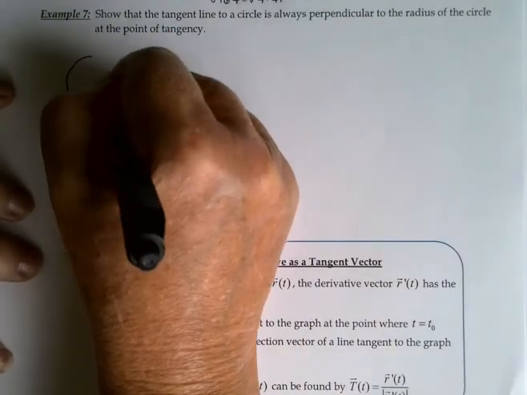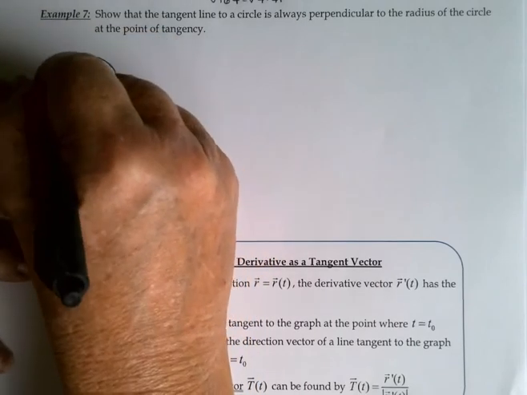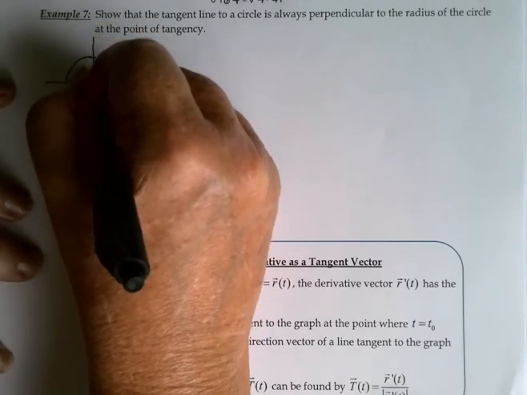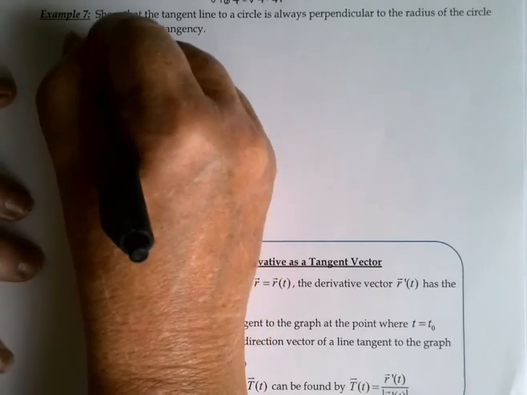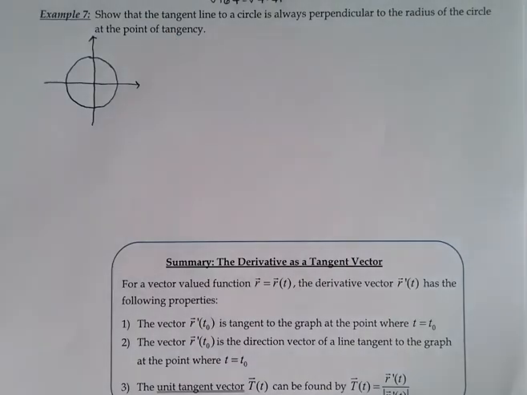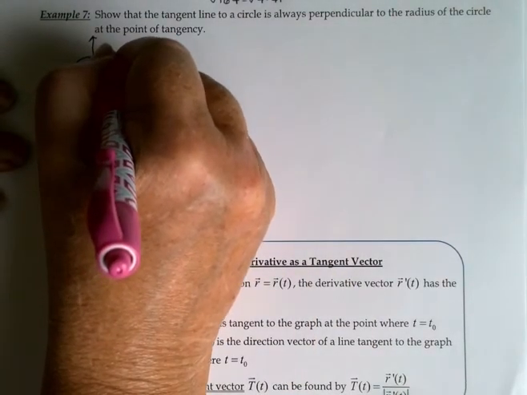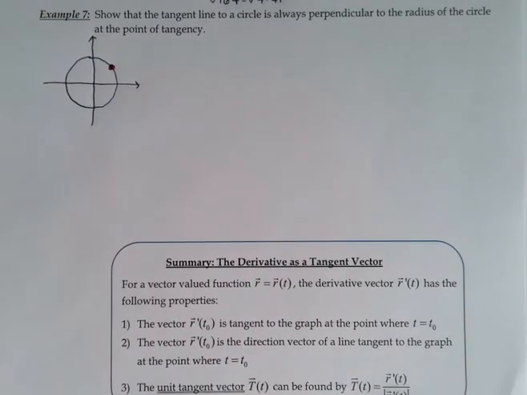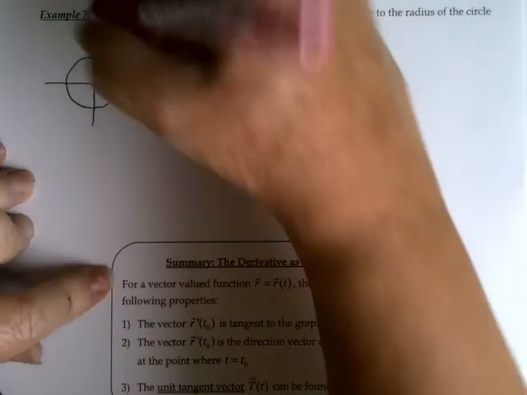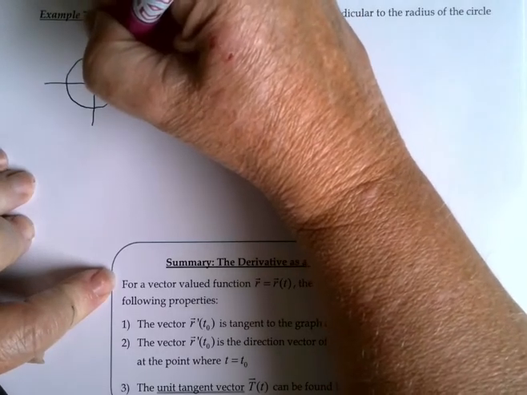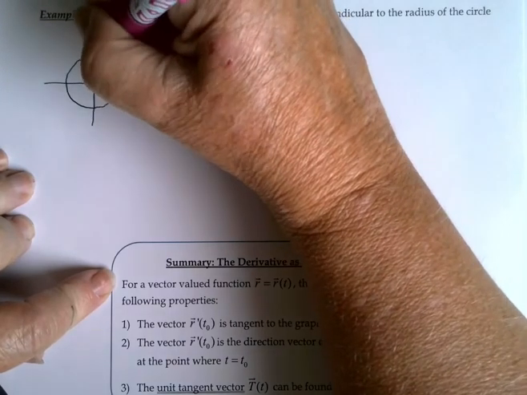If I sketch this, and I'm actually going to put it on some axes, let's just pick a point of tangency, let's say right here. The tangent line to the circle would look like that.